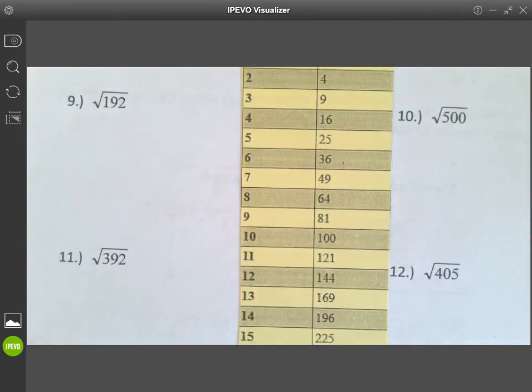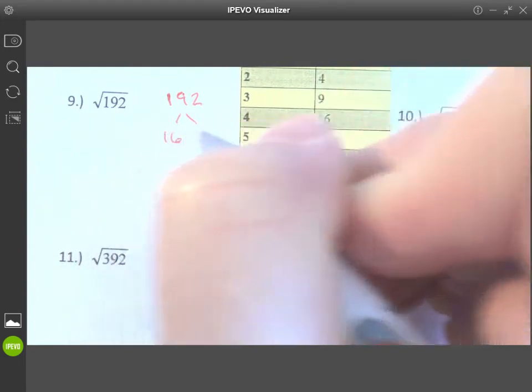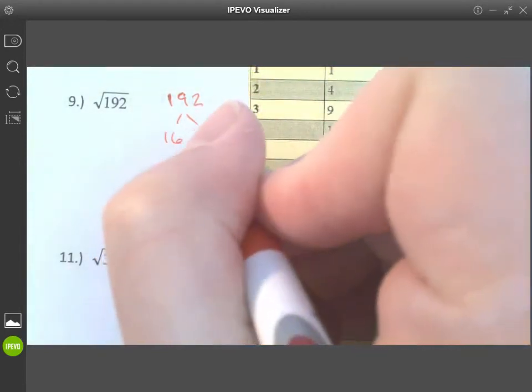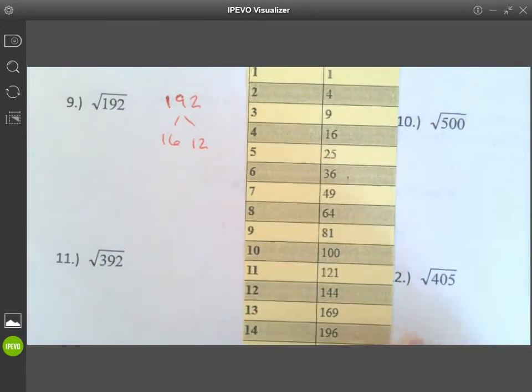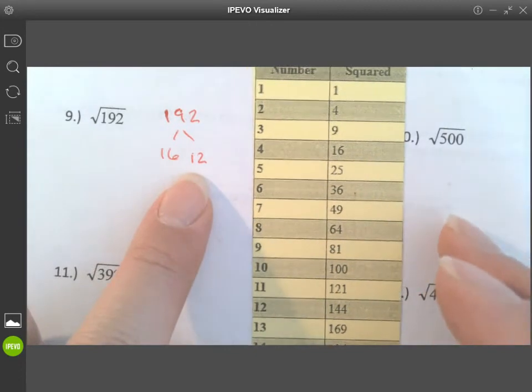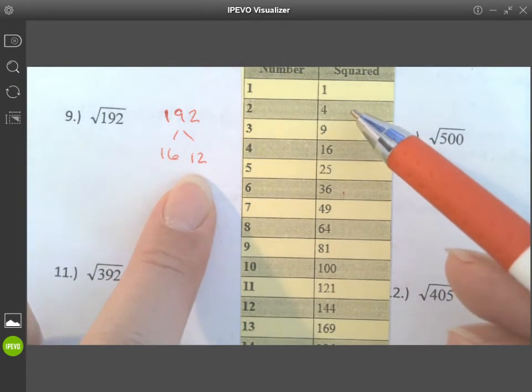192, what did you find that went into it as a perfect square? 16. Yeah. 16 works, but it's not your best option. 192. 16 times what? 12. Okay, so there's 2 ways to know that 16 wasn't your biggest perfect square. 16 is a perfect square, it's on the list. 12, does it have any perfect square factors, meaning numbers that divide into it? 4 goes into 12, doesn't it?